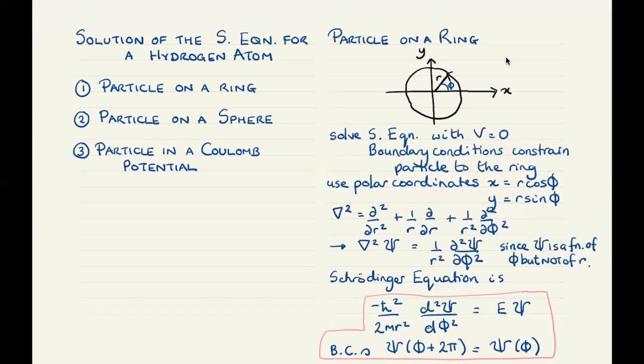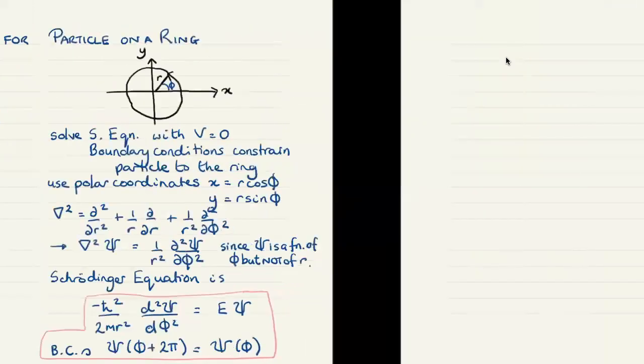This is a rather simple differential equation, and we can solve it by inspection. And so we'll take as a trial wave function psi equal to some constant for normalization times e to the i times some number m sub l, which is going to become our quantum number, times phi.